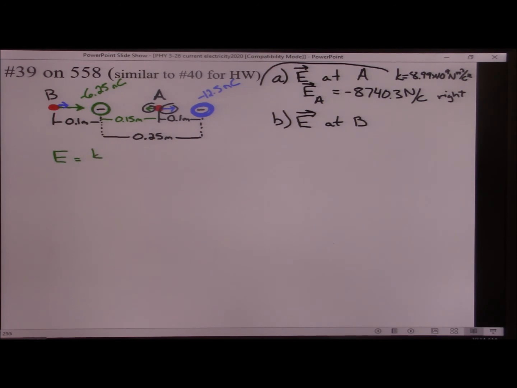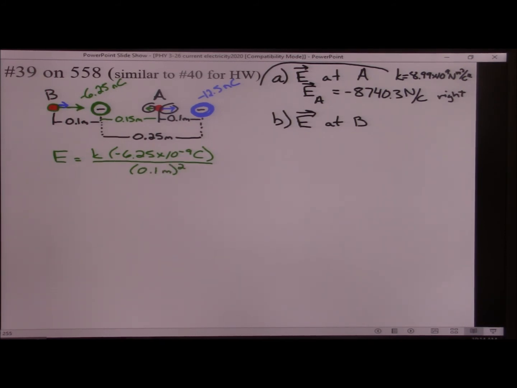So it's going to be K, 8.99 times 10 to the 9th, multiplied by negative 6.25 times 10 to the minus 9th coulombs, divided by the distance between the charge and that point. So the distance between this green charge and point B is 10 centimeters, or 0.1 meters.